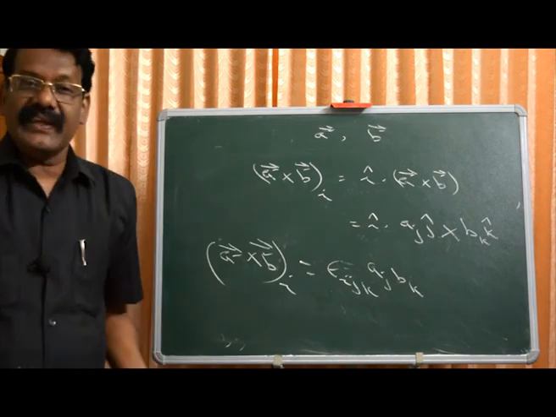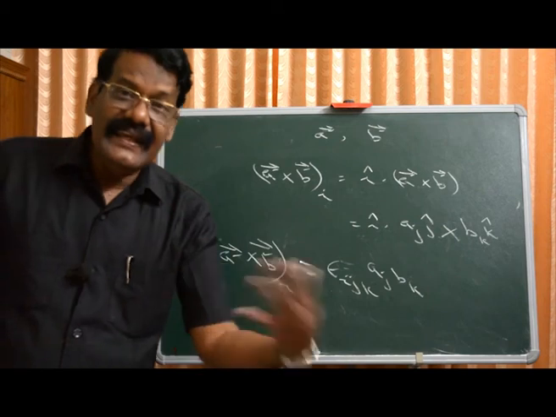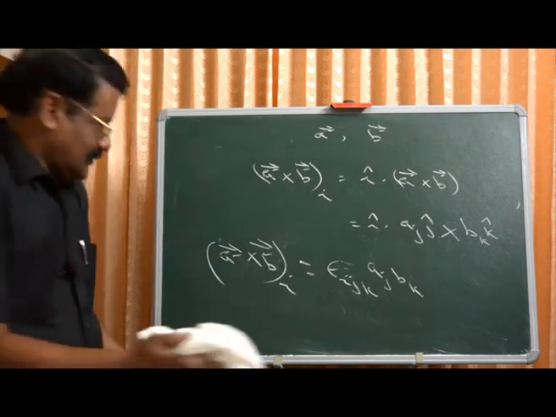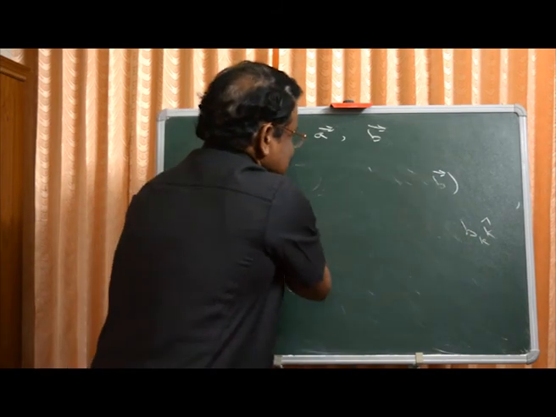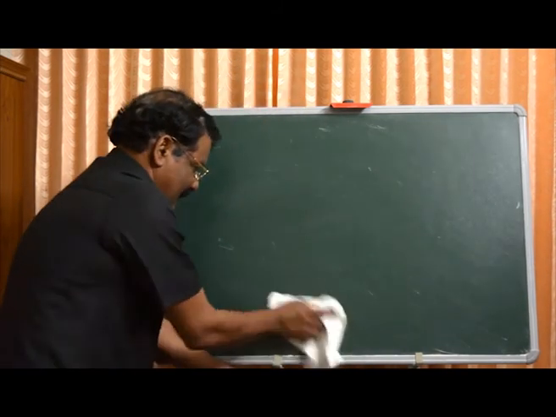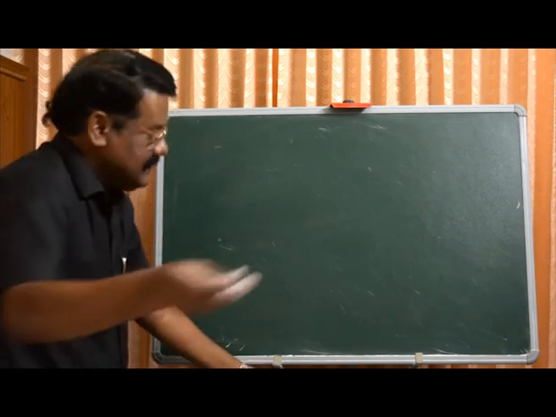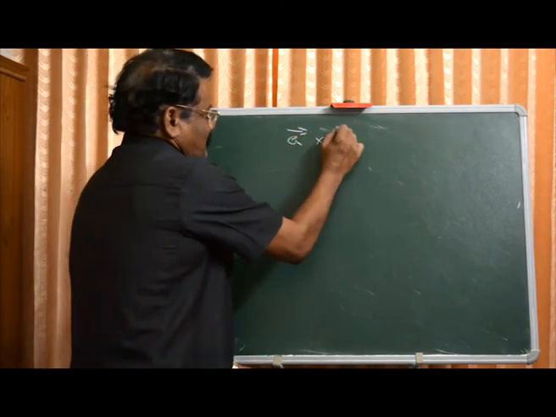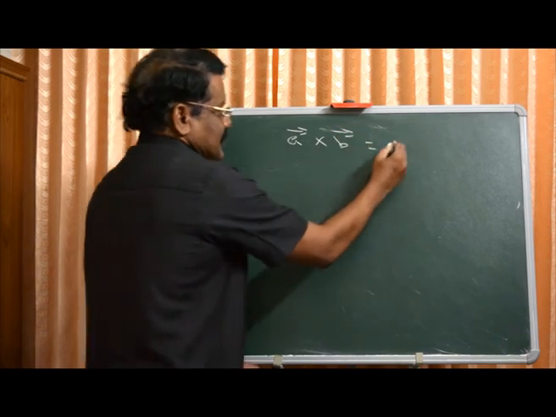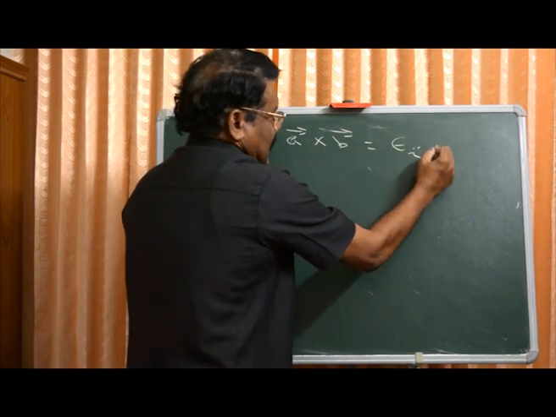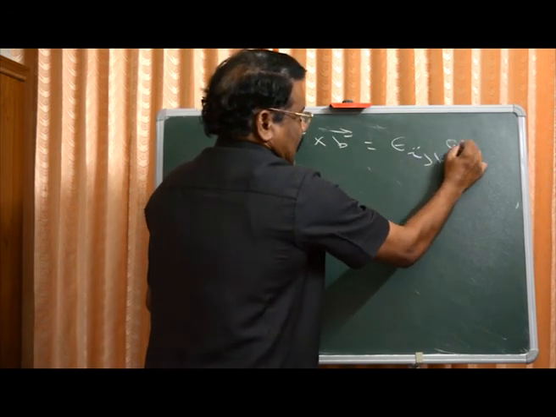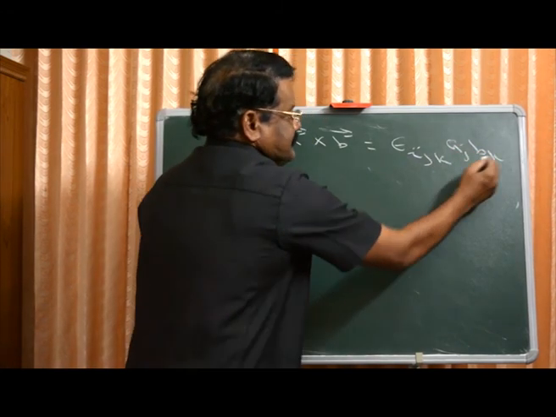So any cross product can be easily transformed into tensor notation. That is, A cross B can be written as epsilon ijk Aj Bk.